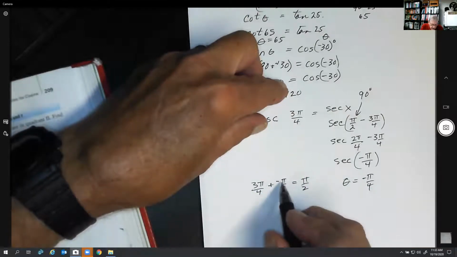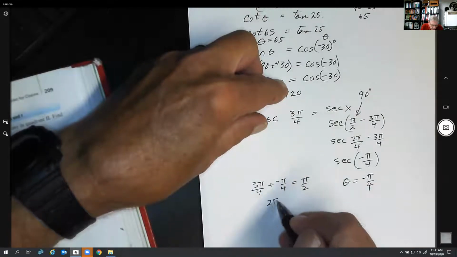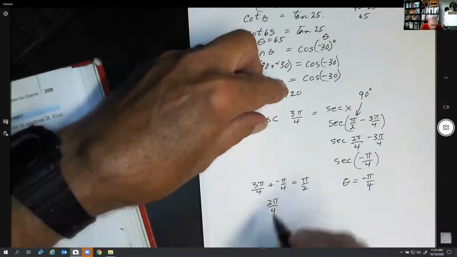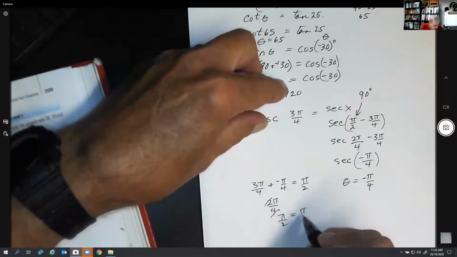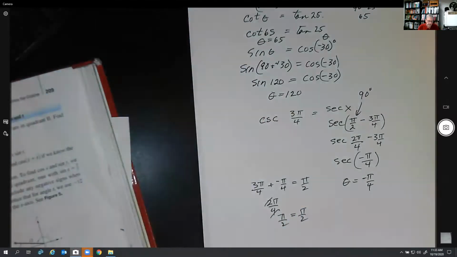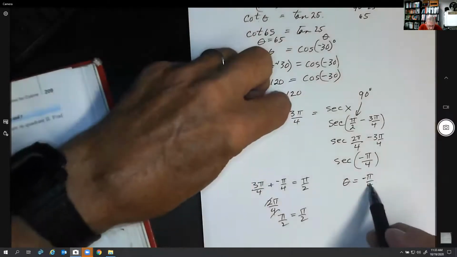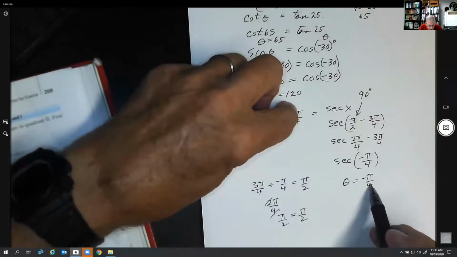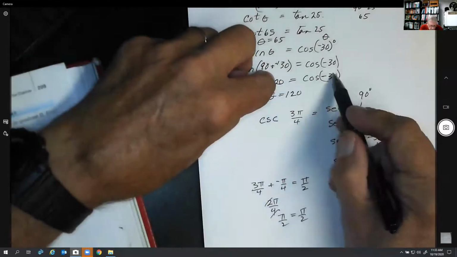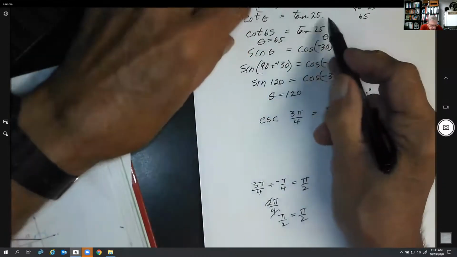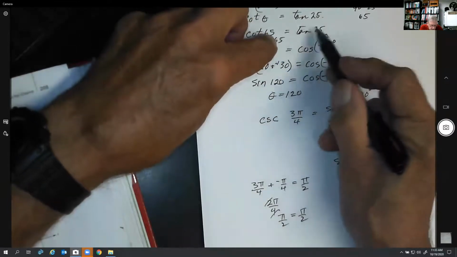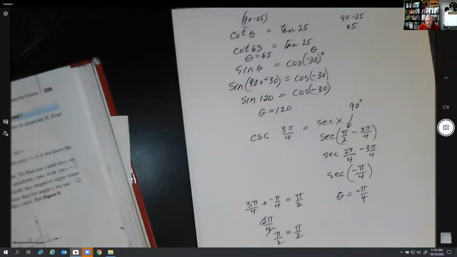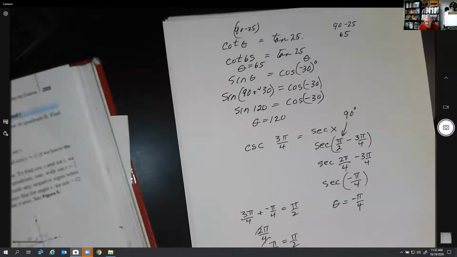That's 3 take away 1 is 2, 2 pi over 4, reduce it, pi over 2 equals pi over 2. See, so these two things are just going to add up to 90 degrees. Same thing here. These two add up to 90. So you're just using a 90 thing.